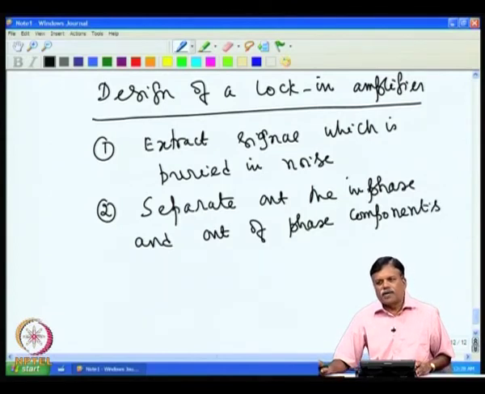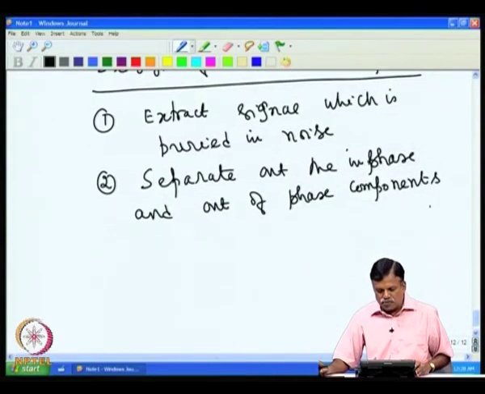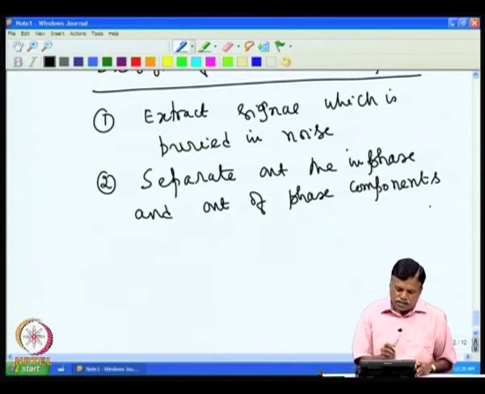Like for example, if I have a resistance and capacitor, the resistance gives you in phase component, the capacitor gives you 90 degree out of phase component. So if I want to find out the in phase resistance part of the signal and the capacitance part of the signal, one can use the lock-in amplifier and separate out this.